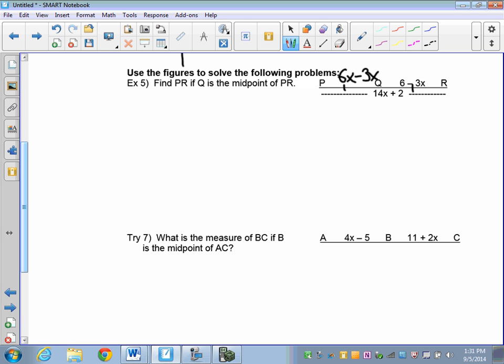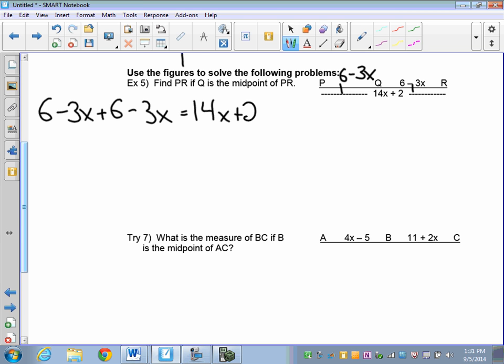So what I can do with the segment addition postulate is 6, sorry, there's no x there, is there? All I'm doing is copying down what the other one is. So it's 6 minus 3x. Sorry about that little mistake. So 6 minus 3x plus 6 minus 3x is equal to 14x plus 2.